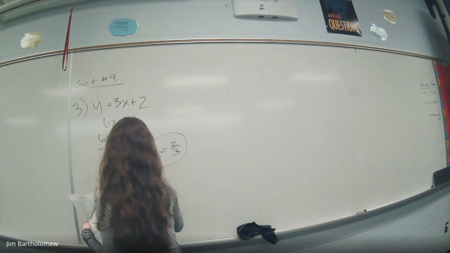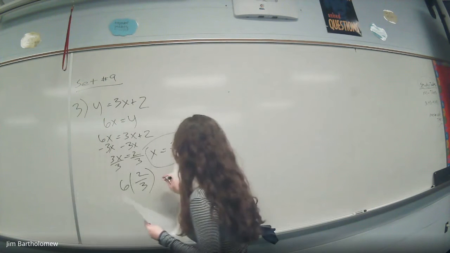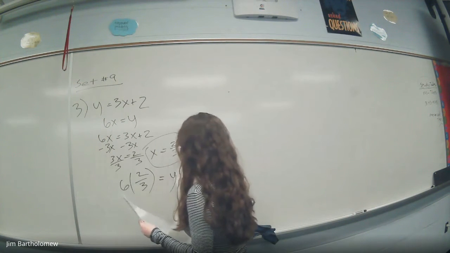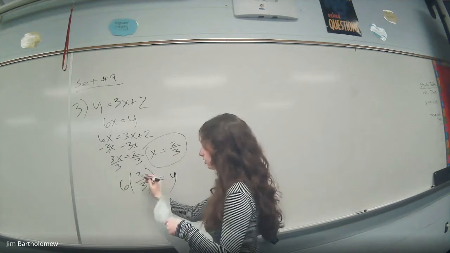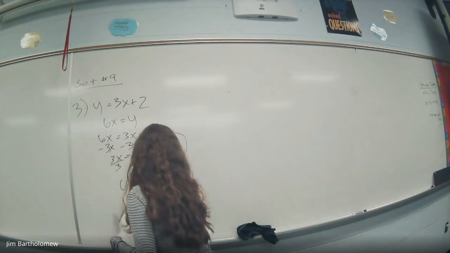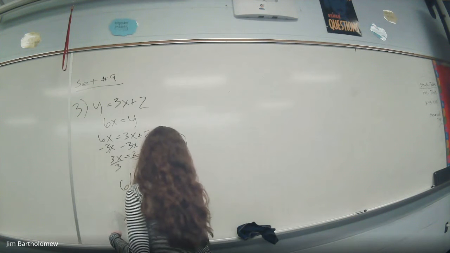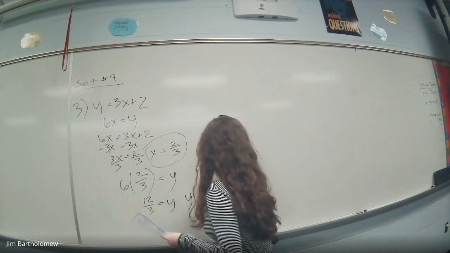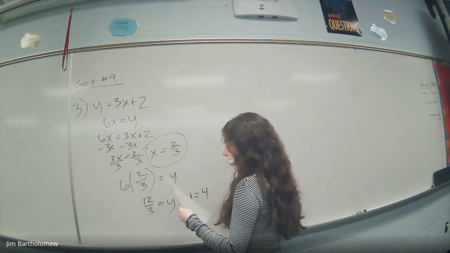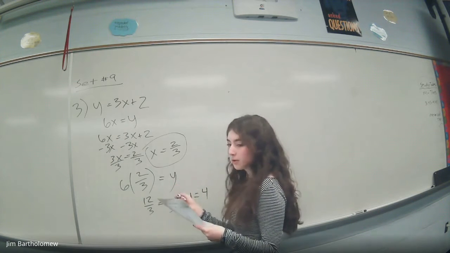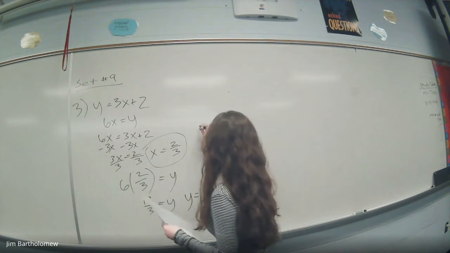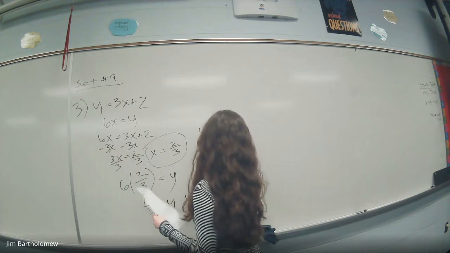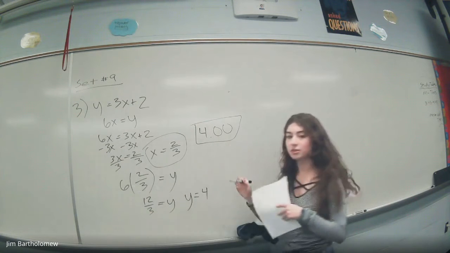So 6 times the x value of 2/3 equals y. So then 6 times 2 is 12 over 3. So 12 over 3 equals y, which means y equals 4. And so the y coordinate is going to be 4.00 when you plug that in to the graph.